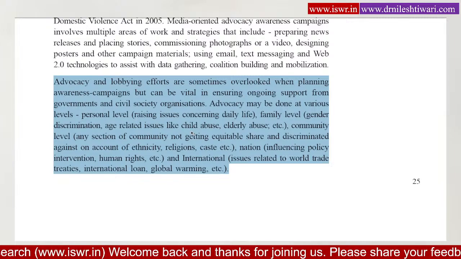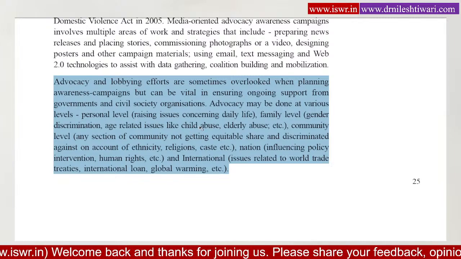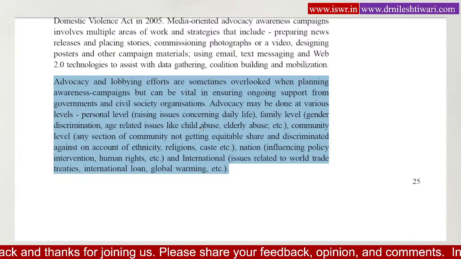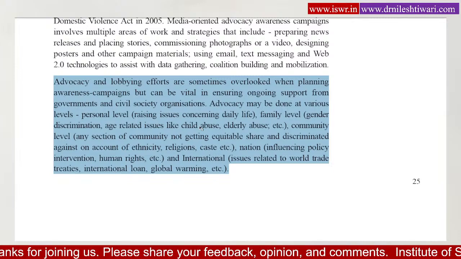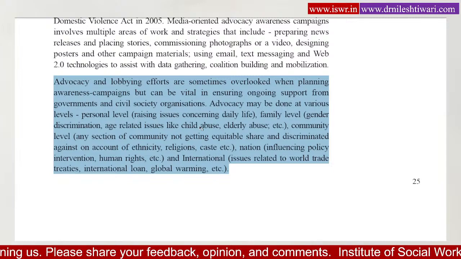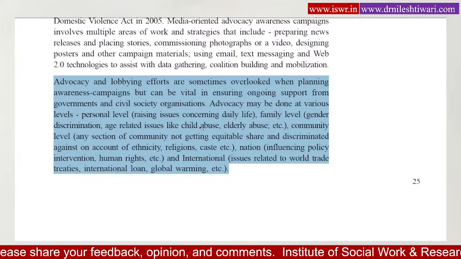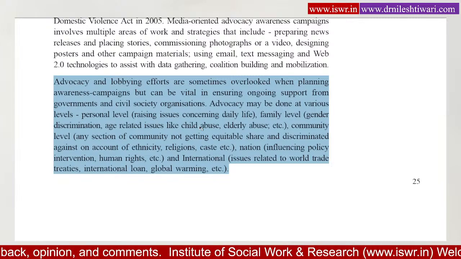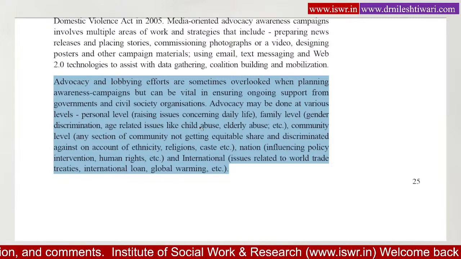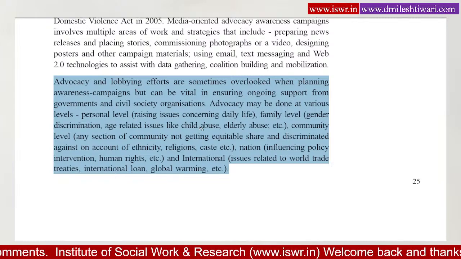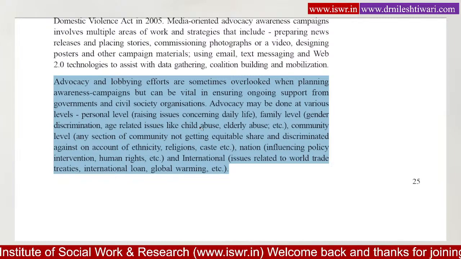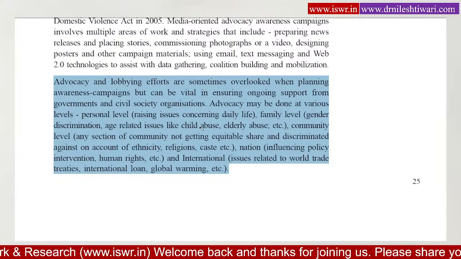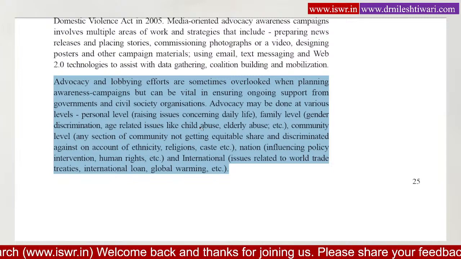IEC, right? And sometimes advocacy may be done at various levels, be it personal level, that is raising issues concerning daily life. For example, in your locality, there may be a problem of mosquitoes. There may be problems of irregular cleaning of the drainage system or something like that. So the advocacy may be done at personal level, whereas it is sometimes done at family level.